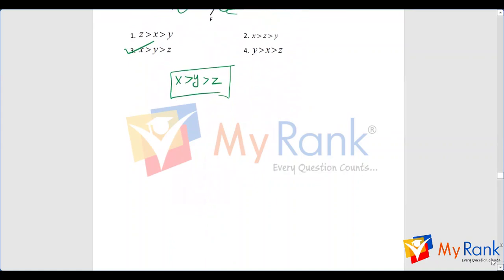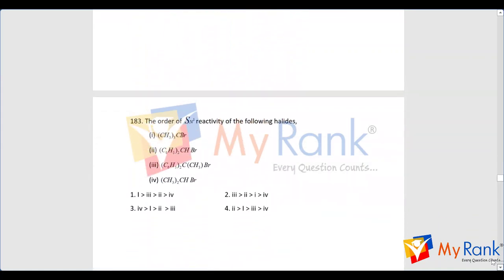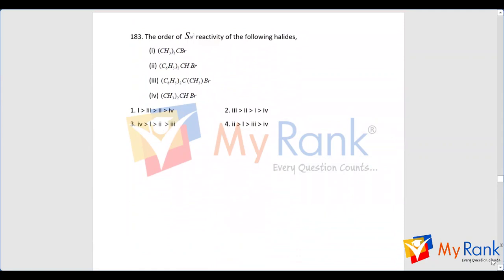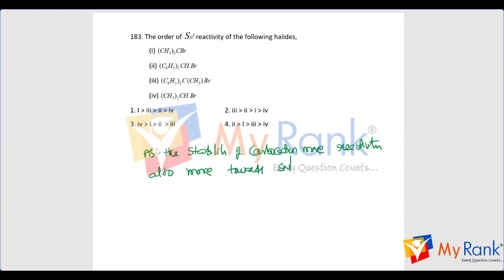Question number 183. Now, the order of reactivity of SN1 of the following halides. Generally, as the stability of the carbocation is more, the reactivity is also more towards the SN1 reaction.